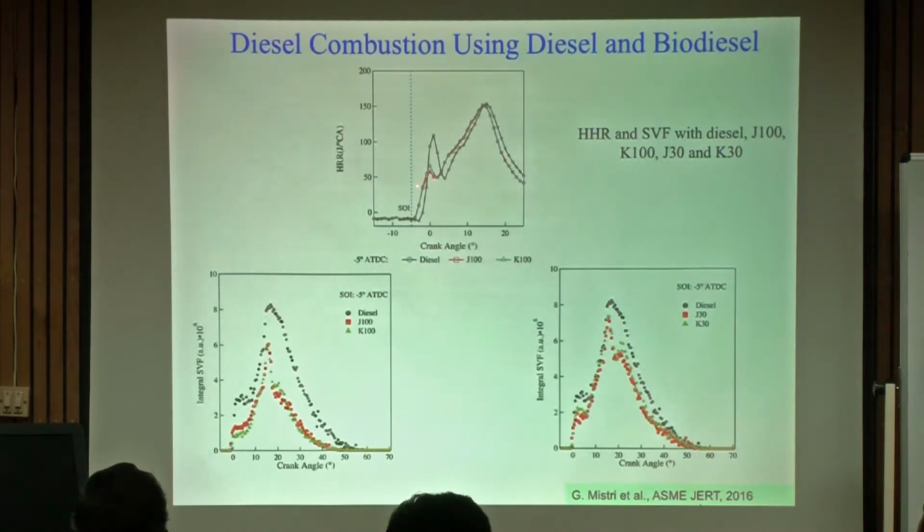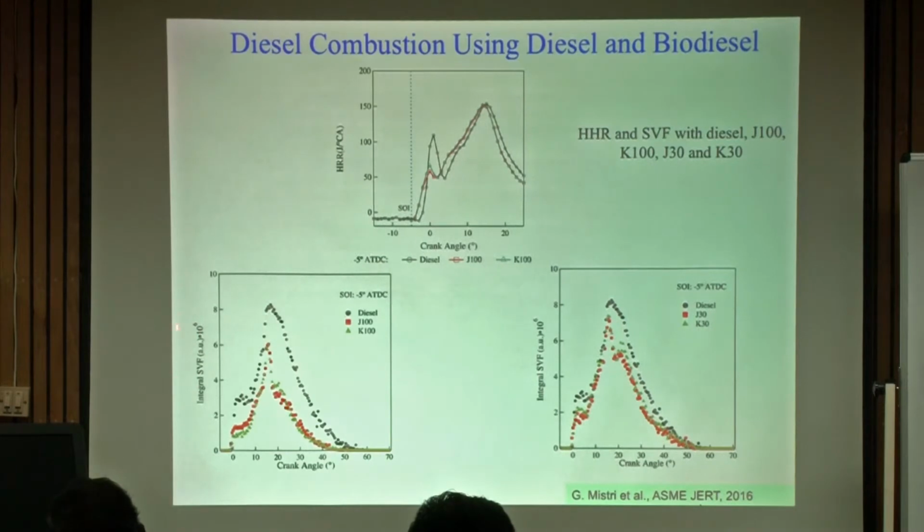So just from this diagram, we can infer some very useful information about the effect of adding biodiesel. Ignition occurs earlier, so that affects the soot properties.